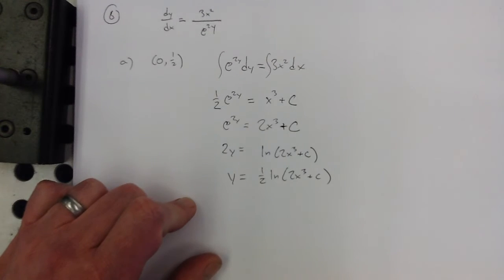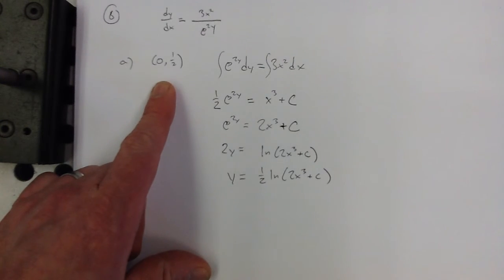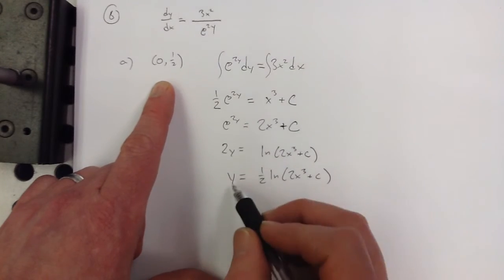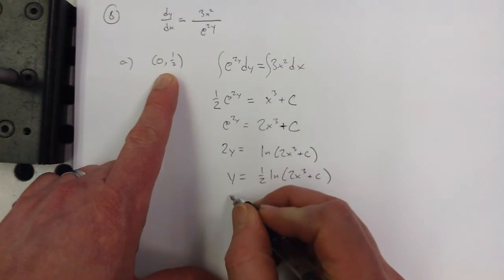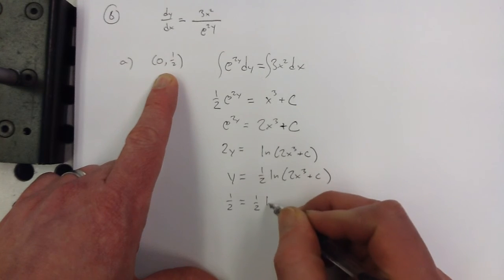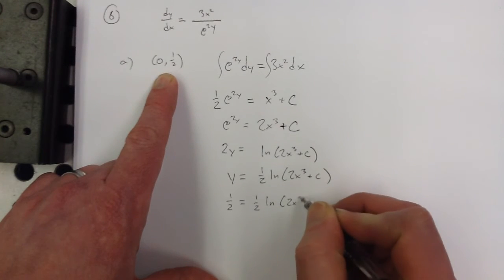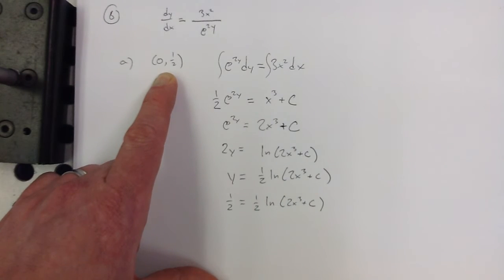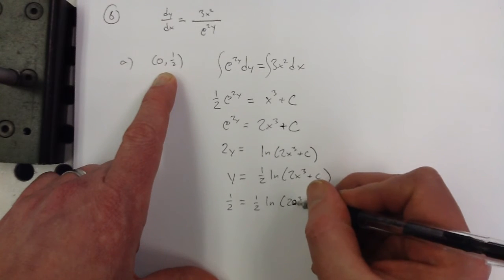And I know this is supposed to go through the point (0, 1/2). So somewhere along the lines I have to solve for c. I guess we can just do it here. So when y equals 1/2, it's equal to 1/2 times the natural log of 2x cubed plus c. Right? And oh, x is 0, isn't it? Sorry, times 0.